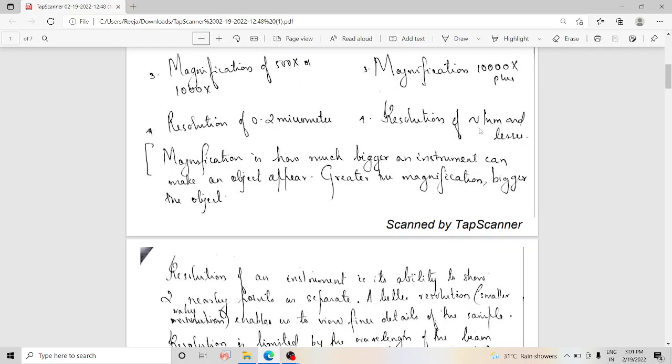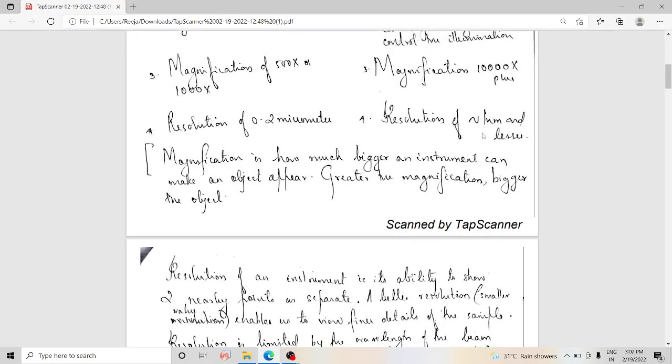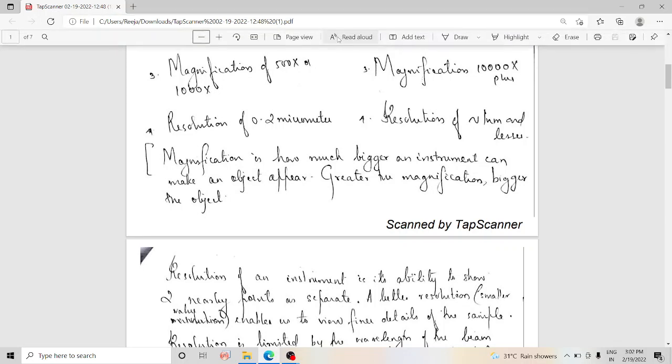That is, two points on the object at a distance of 1 nanometer from each other can be viewed as separate points using an electron microscope, whereas such points will be viewed as a single point in an optical microscope.